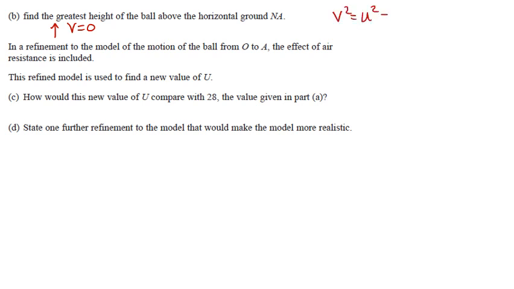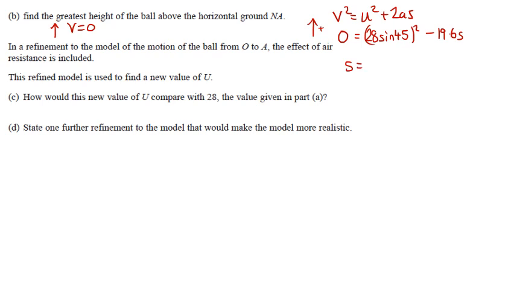So let's use this equation of motion, v squared equals u squared plus 2as. So v is 0, u was u sine 45, and we know that u is 28 now, so we've got 28 sine 45 squared. We'll take upwards as positive, so 2 times a is going to be minus 19.6, and then times s that we're trying to find.